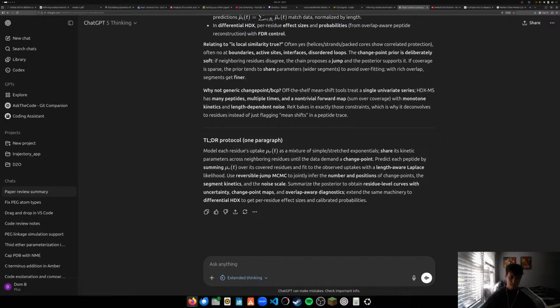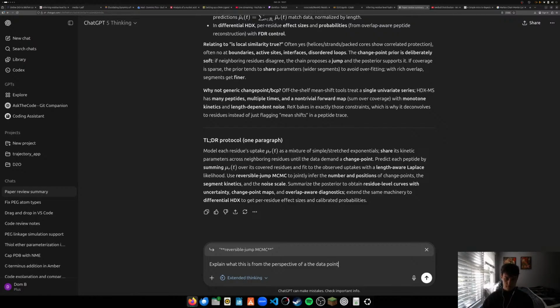Reversible jump. Explain what this is from the perspective of a residue. From the perspective of the data point.